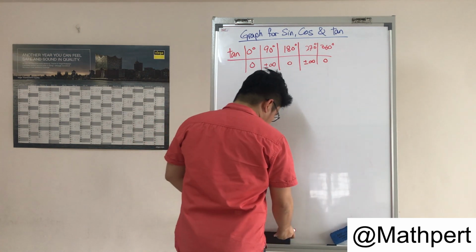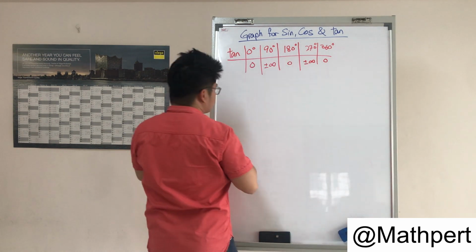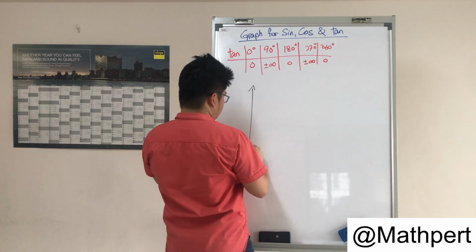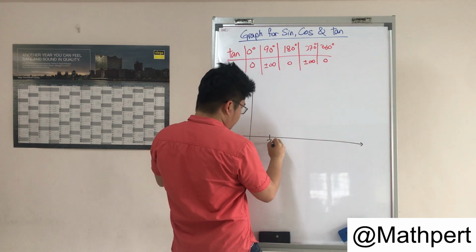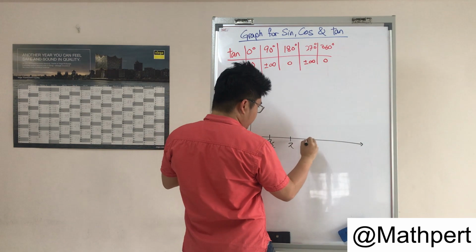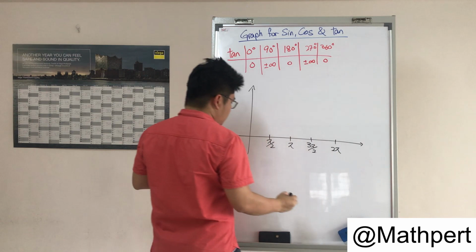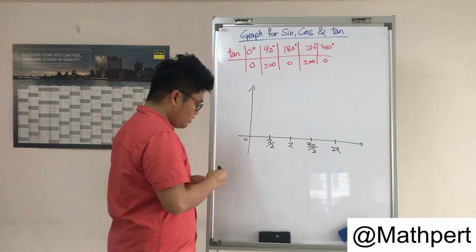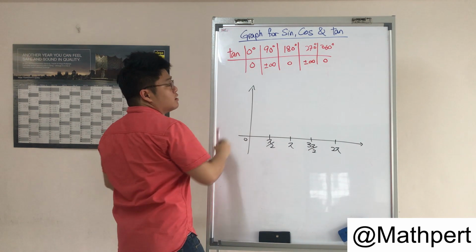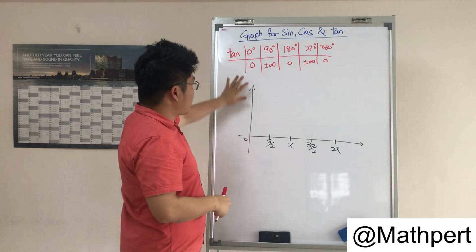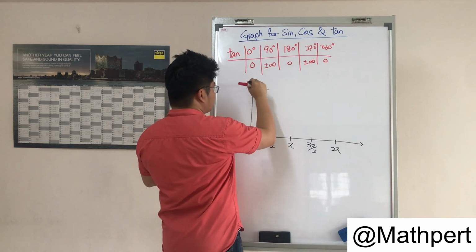So how do we draw this graph? So pi divided by 2, pi, 3 pi divided by 2, 2 pi. This is 0. When tangent 0 degrees, we get 0 on the y-axis. This is the y-axis.